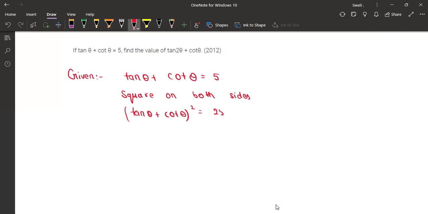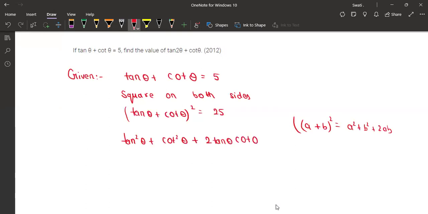Now here you are going to use the formula of a plus b whole square, a very famous formula. It's a square plus b square plus 2ab. So using this formula, it is going to be tan square theta plus cot square theta plus 2 tan theta cot theta equals 25, right?